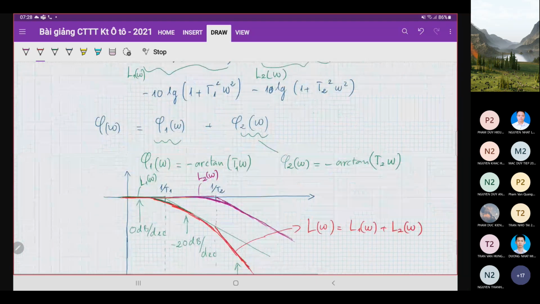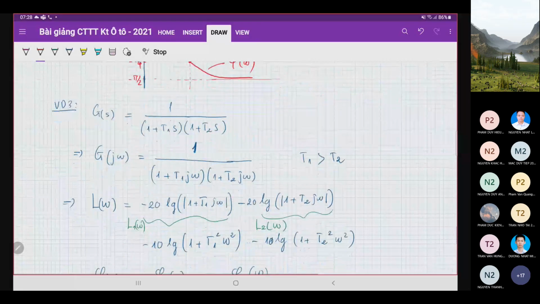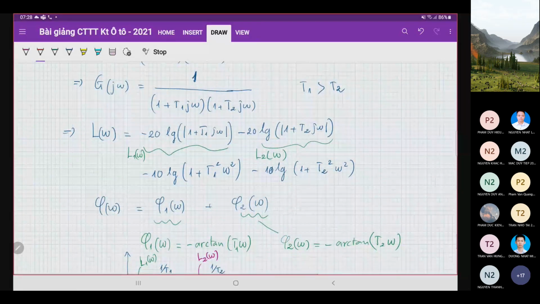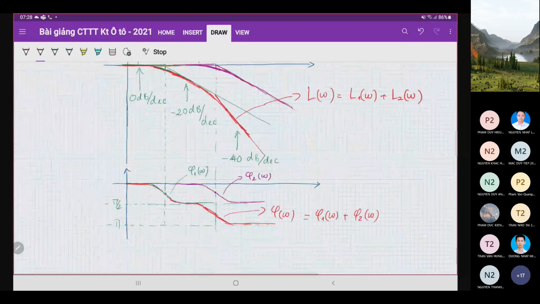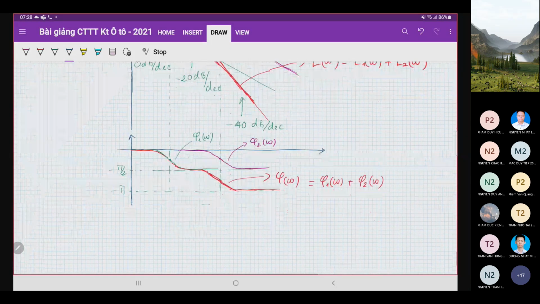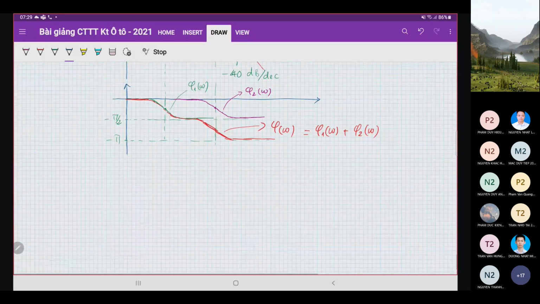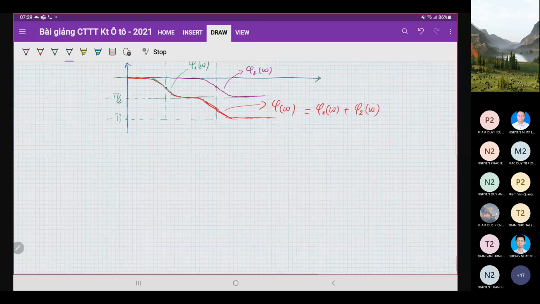Okay, so you can do the same for different types of systems. Okay. So I want to introduce you to a special case of the system that we will use quite often in the future here.